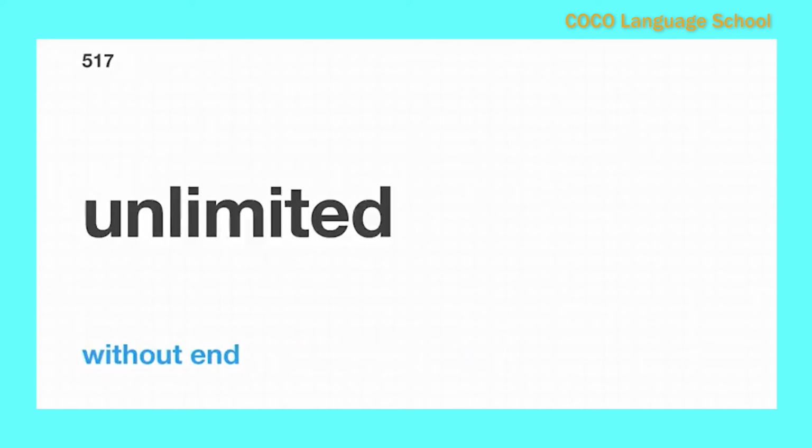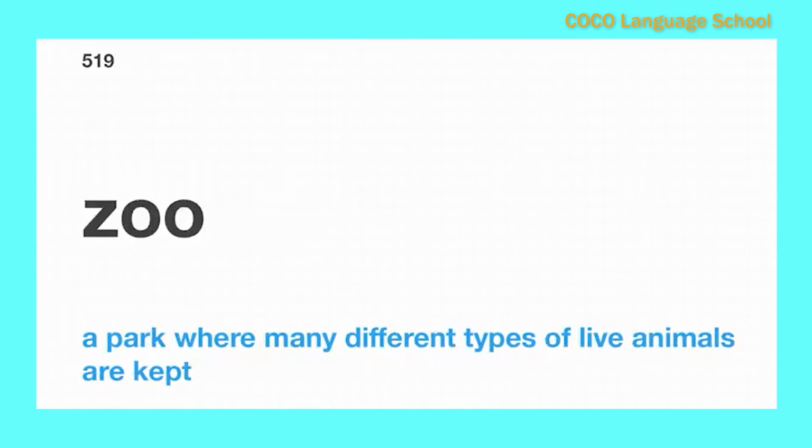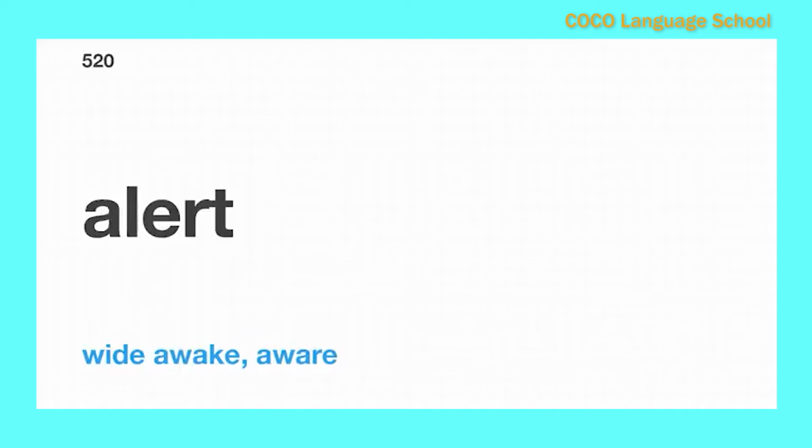Without end. Unlimited. A natural substance found in food and drink that your body needs to be healthy. Vitamin. A park where many different types of live animals are kept. Zoo. Wide awake, aware.